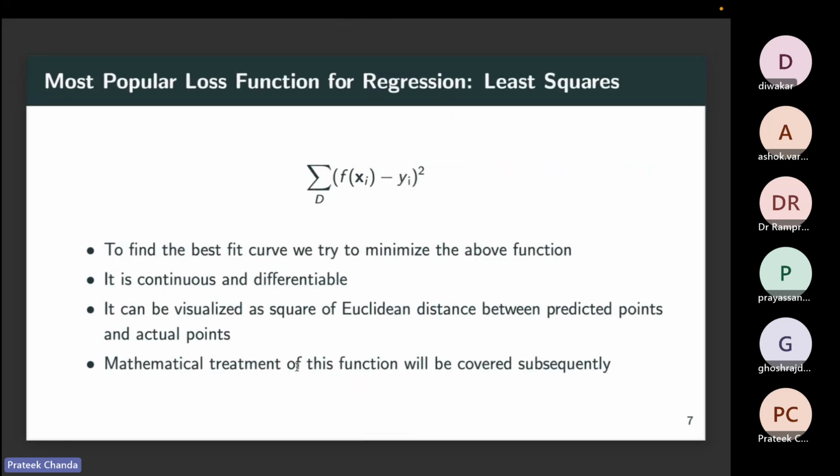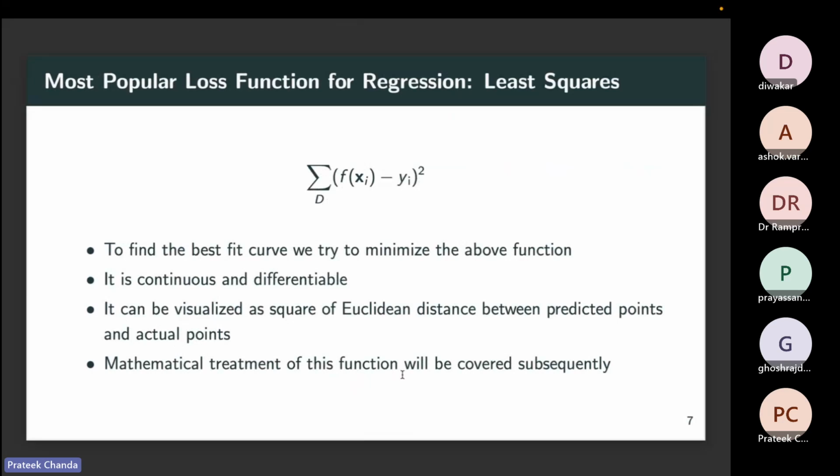One of the popular loss functions which I was mentioning is the least square loss function, in many cases also called L2 loss. L2 because I'm calculating this loss in the L2 space.